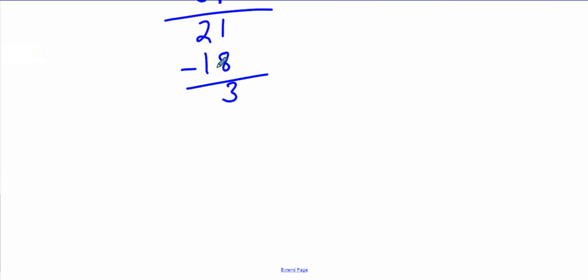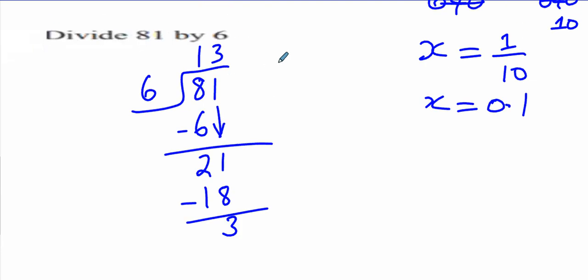So the answer will be, let me check. They don't need a mixed number. So you can proceed putting a decimal point here. Put 0. 30 divided by 6 is 5. 5 times 6 is 30. When you subtract, the remainder is 0.